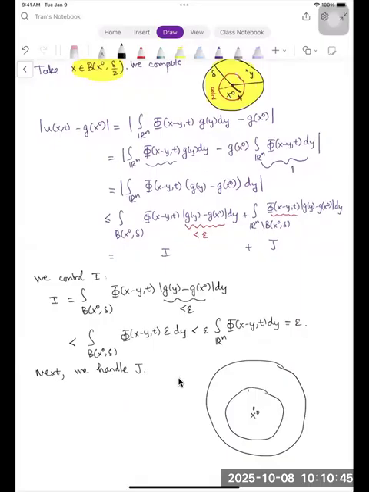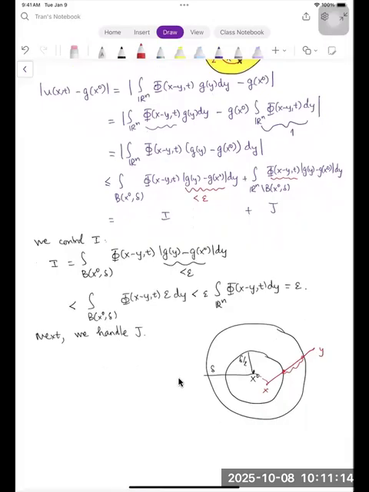This is radius delta over 2, this is radius delta, and x is within this ball, right? And now because y is outside of the other ball, y is here. So you can see that the distance from x to y is at most this distance, which is at most delta over 2.